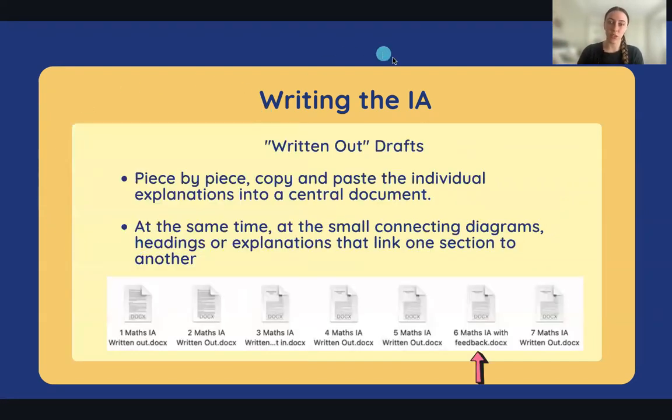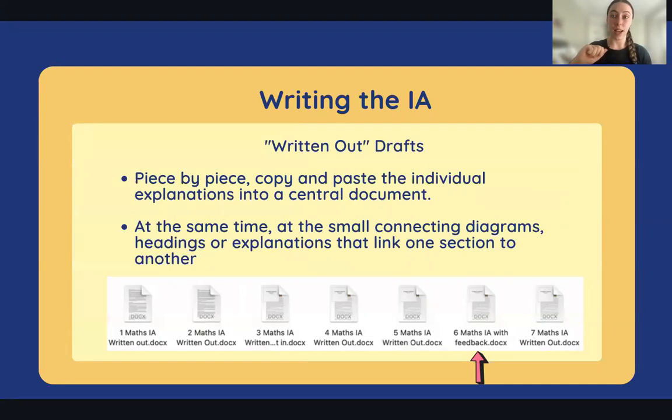So after I had completed those individual documents, I had written out drafts, which for me is the final compiled document now, rather than just individual steps. Piece by piece, I would copy and paste the individual explanations into that central document.